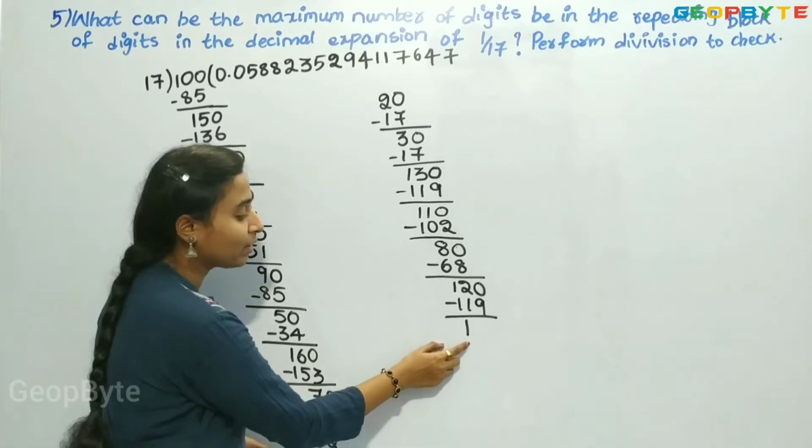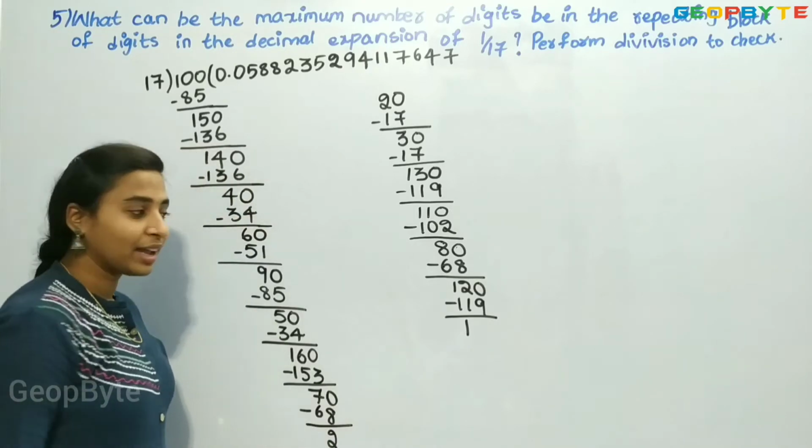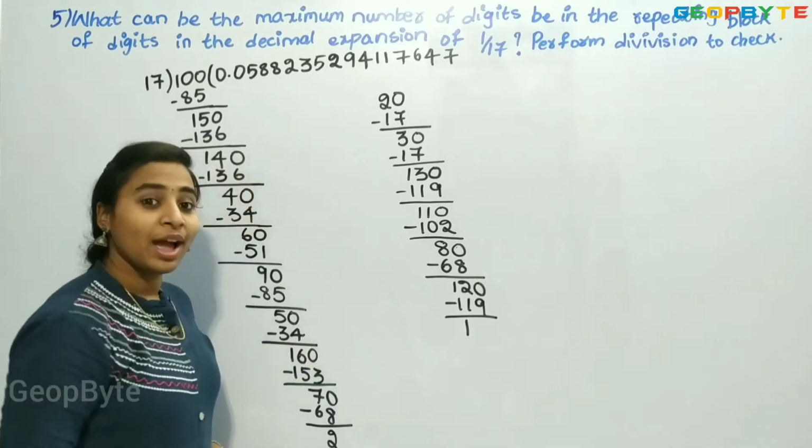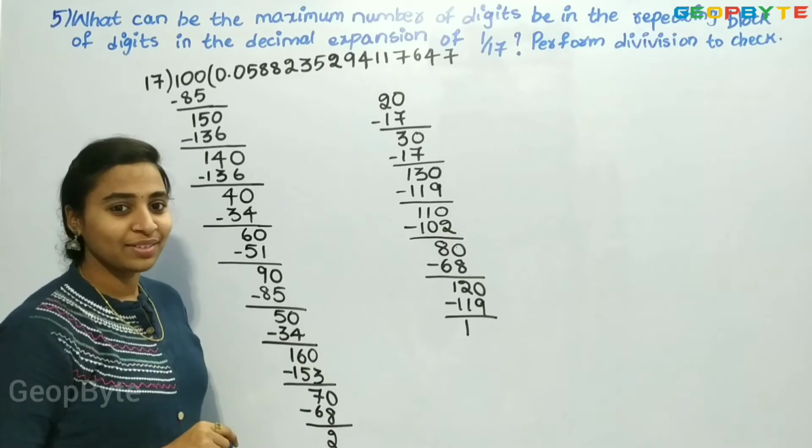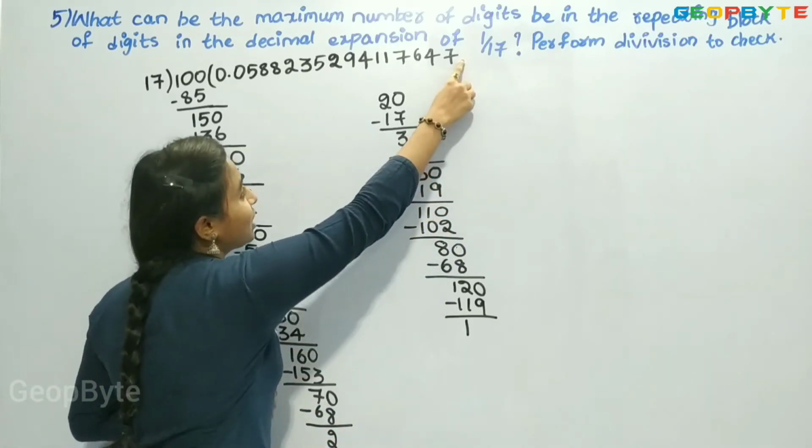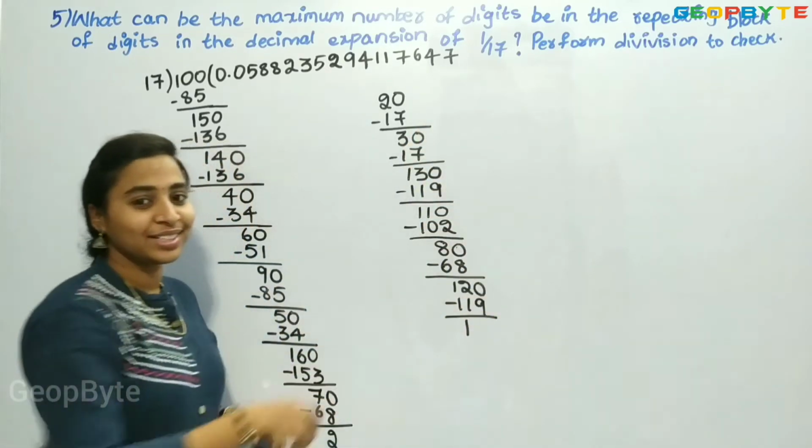See, we got remainder 1. So after here, again we need to put a 0. Again 10 is smaller than 17. Again we need to put a 0 here and take another 0.